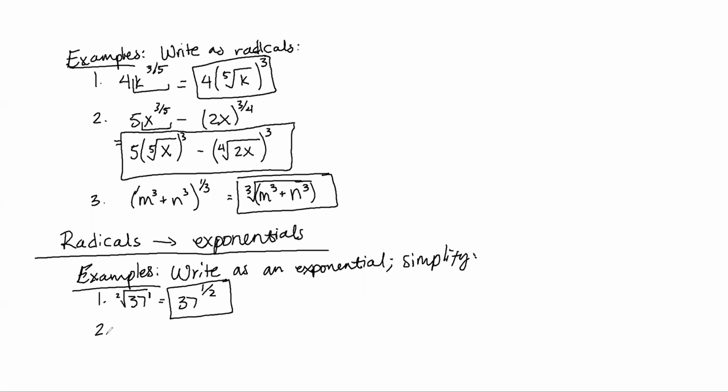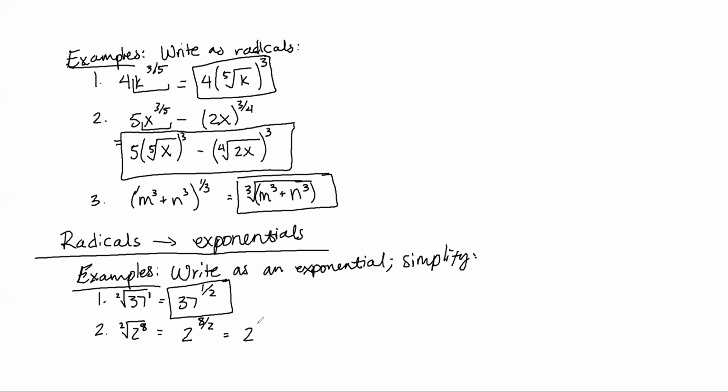Let's go ahead and see one that we can simplify. The square root of 2 to the 8th. Now again, our base here is going to be 2. Our numerator is the exponent we see, which is 8, over the denominator, and again, it's a square root, so it's a 2. Now we can simplify this one. 8 over 2 is the same thing as 4.